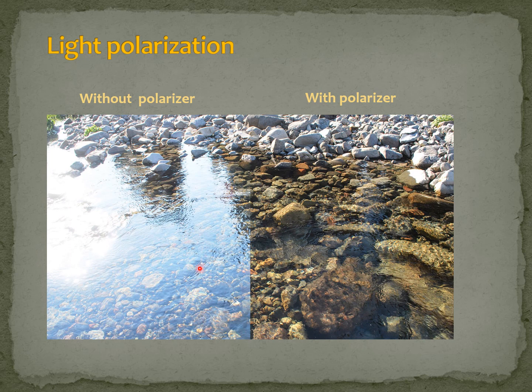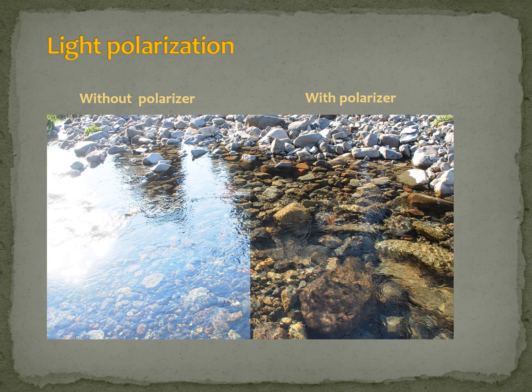Of course this is due to the characteristics I've told you before: the reflection, the angle of incidence, and the refraction of light. So with the polarizer we can filter most of the undesired angles of light, and we can just focus on one single type of light being reflected from the pool, and it allows a better resolution of all the details.